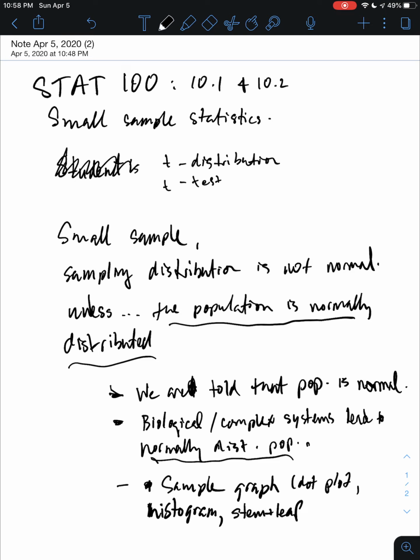This is why I emphasize these plots way back in chapter 1, because they're coming back now. So we take a sample and we graph it, and the graph is mound-shaped.